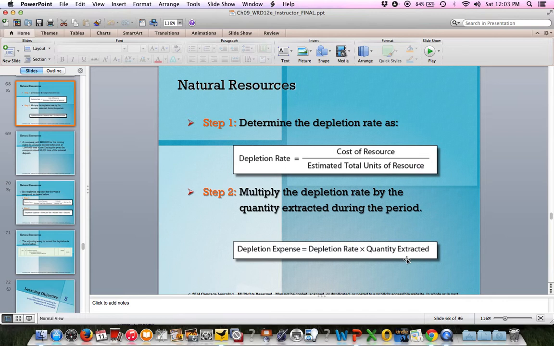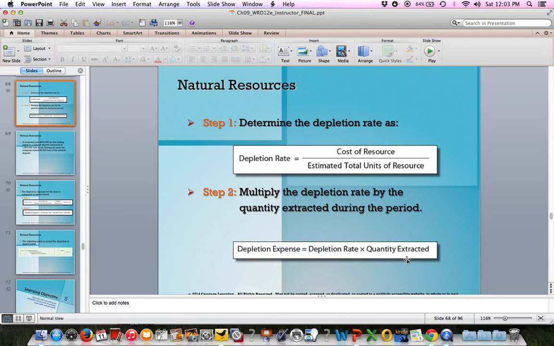You come up with a depletion rate by taking the cost of your resource and dividing that by the estimated total units of your resource. Then you multiply your depletion rate per unit of resource times the quantity of resource extracted, which gives you depletion expense.